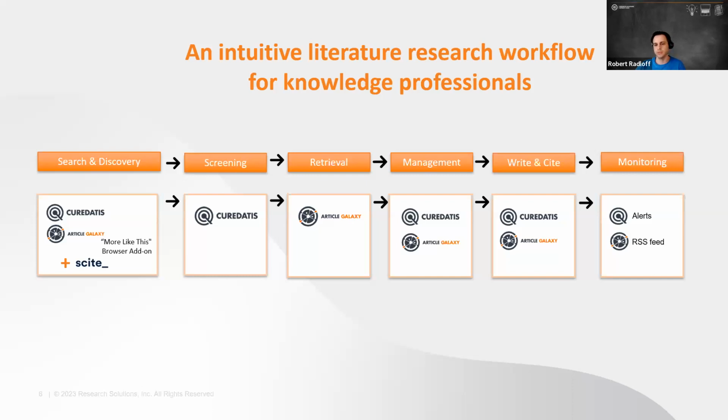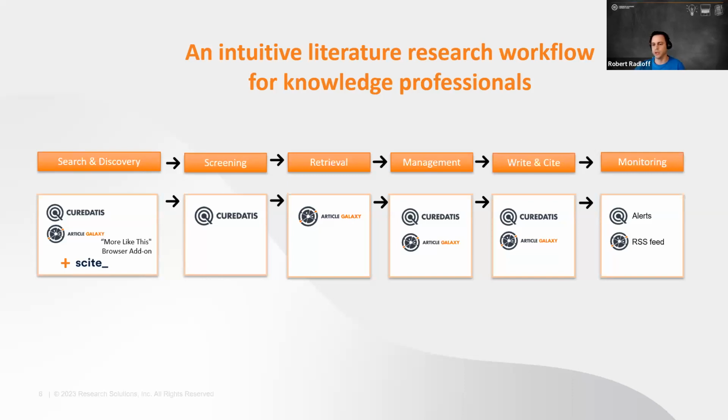And then after that, if you have all the information retrieved, you would like to manage that information. You can do that in Curedatis, which you will see in a minute, and also in Article Galaxy. And then if you want to write up your research findings, you can do that in Article Galaxy and Curedatis via our Write and Cite add-on. And in the end, you would like to monitor your searches.